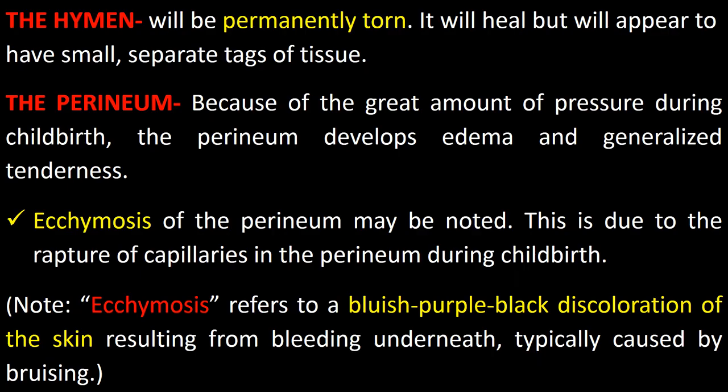We also talk about the hymen, which is permanently torn. It will heal, but it will already appear to have small tags, separate tissues. So, like I said, the hymen, if it is already torn, especially during childbirth, will no longer return to its pre-pregnant state.